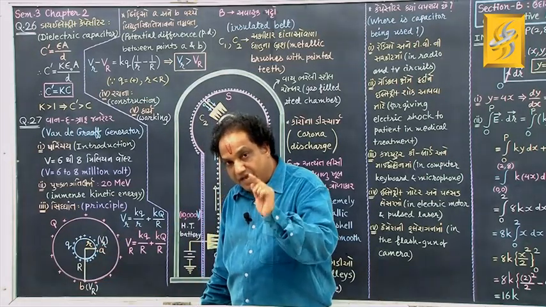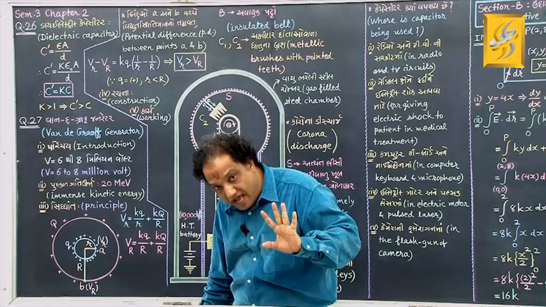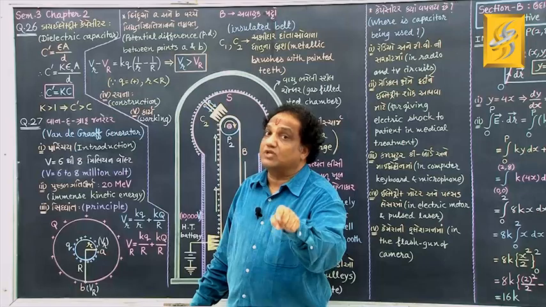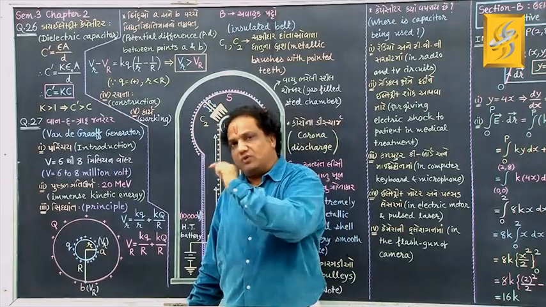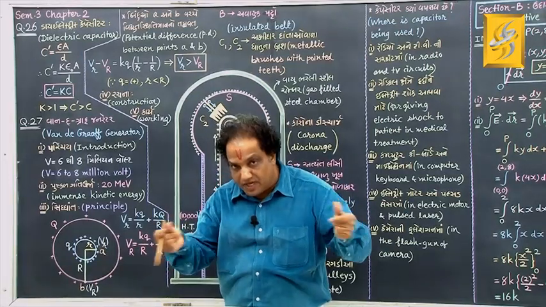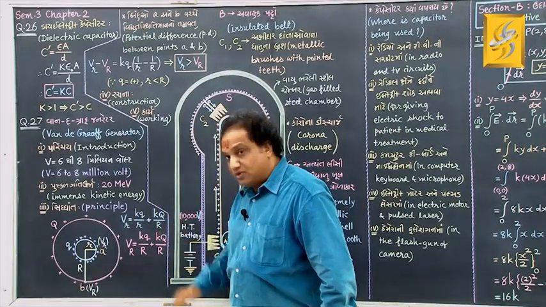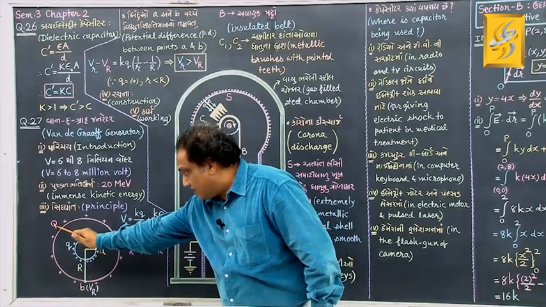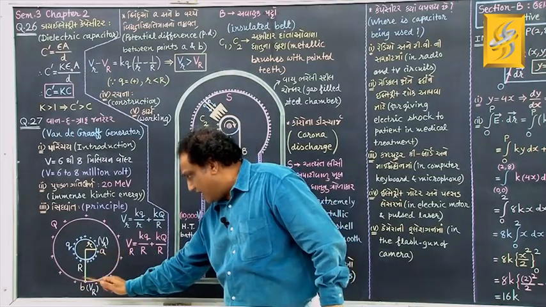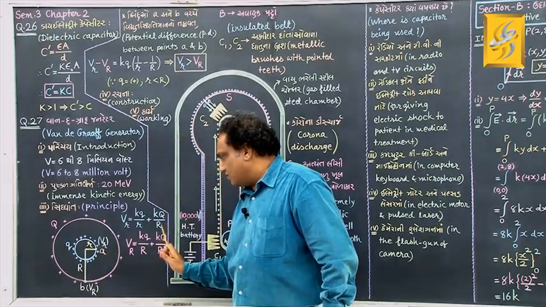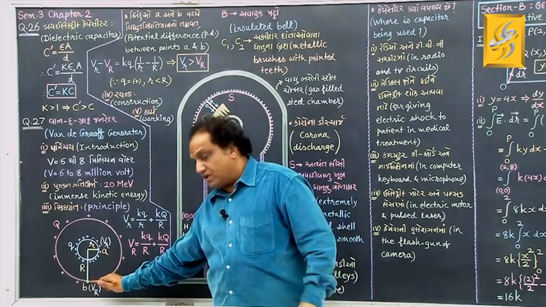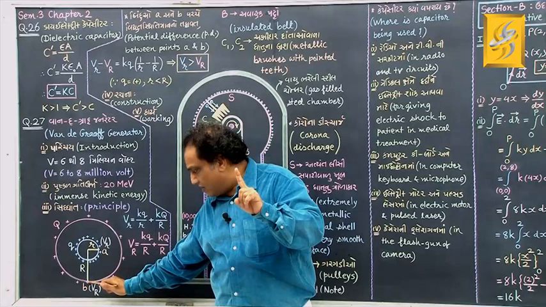And for a point lying inside the charged spherical shell, the potential is the same as the electric potential on the surface. And what is the electric potential on the surface? It is K into charge upon radius, K into charge on the big spherical shell, capital Q, upon radius of the big spherical shell, capital R.